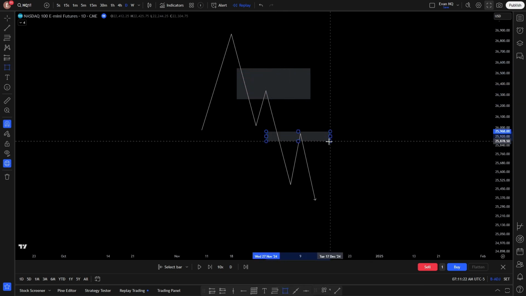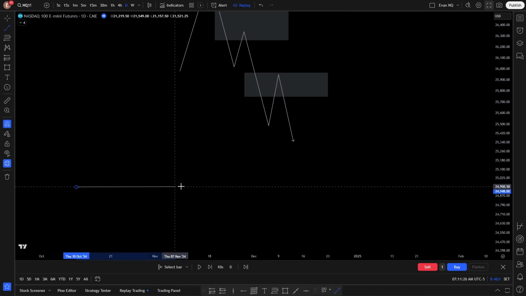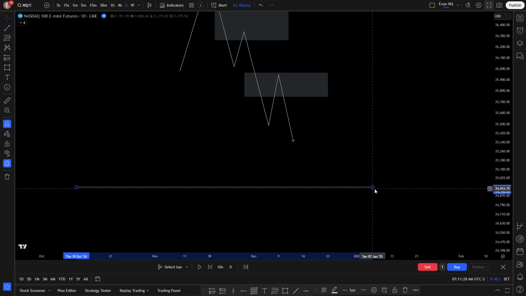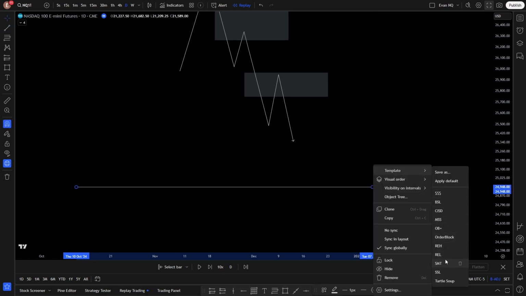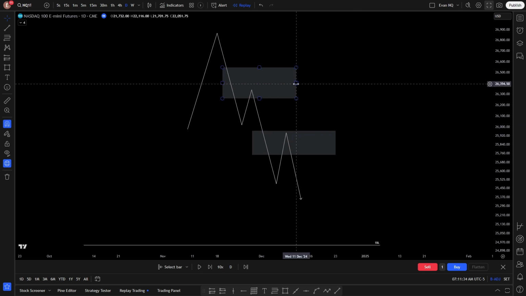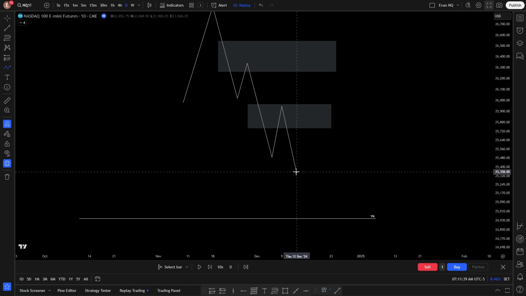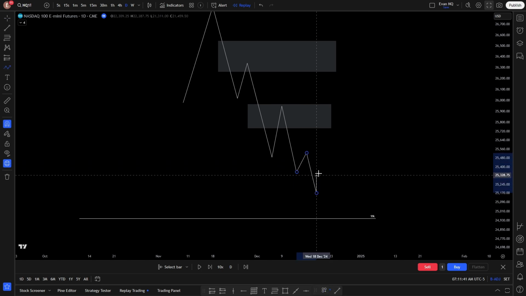Boom, boom. We're bearish. And let's say we have a low. This low right here is our draw on liquidity. You know, because we're respecting bearish order flow. We're respecting these bearish PD arrays, right? Until we eventually go to these lows.